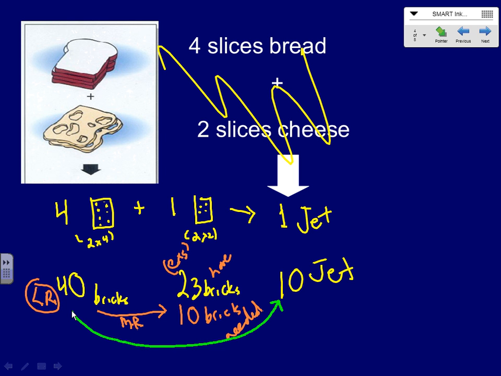So it's like we're doing 2 questions in one. First, we figure out what we need. Then we figure out which is limiting. And then we use the limiting to figure out what we're going to get. Again, we would use a mole ratio right there.